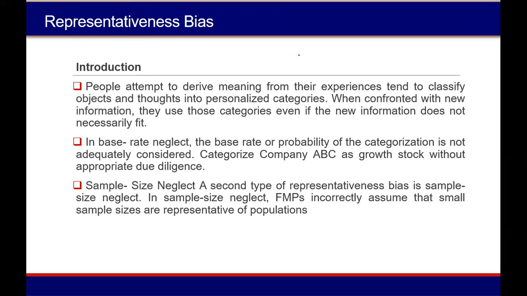When people are faced with new information or a recent thing, people want to classify those things with the existing experience or prior categories, though this new information is absolutely different. So these categories have been made by people themselves in their mind.